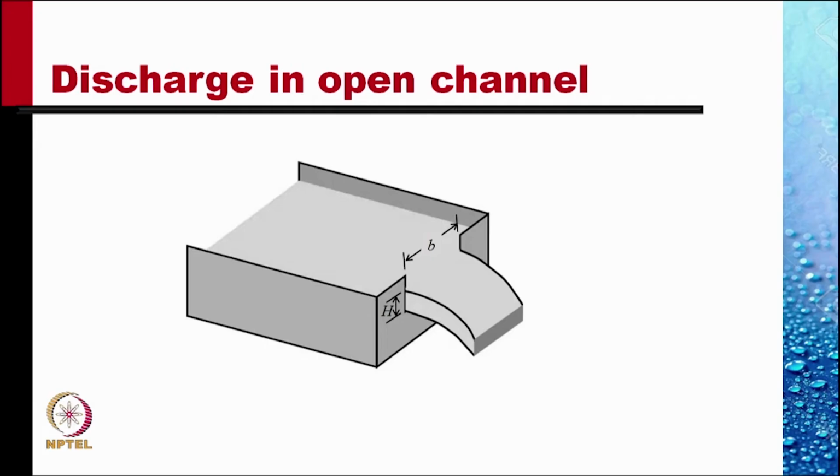There is an obstruction in the channel, and in this obstruction a cutout has been made of width B. The liquid flows out of that cutout such that it is at a height H above the crest of the cutout. We'll calculate the flow rate based on the values H and B.